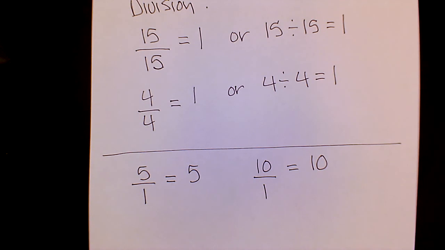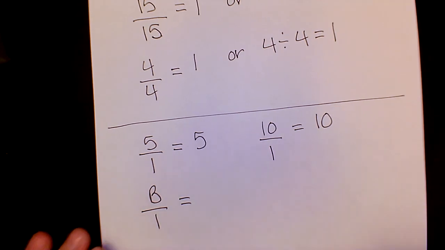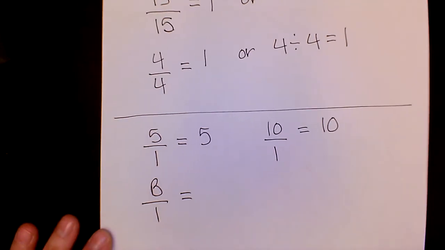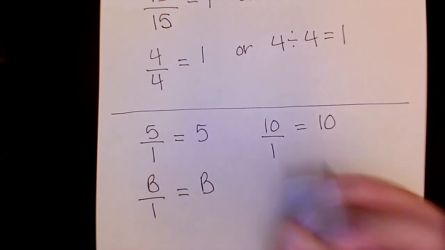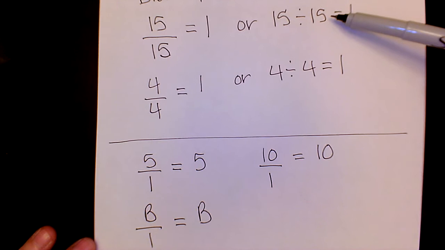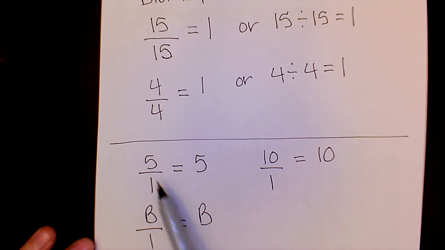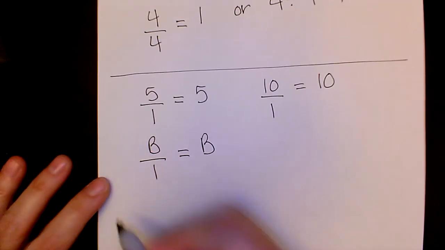So whenever you divide anything by 1, even let's say a B, we don't know what B is. I'm just kind of jumping the gun on that a little bit. So if you don't understand that, don't worry, because that's coming up. It would just be B. Any number divided by itself is 1. Any number divided by 1 is itself. Easy?